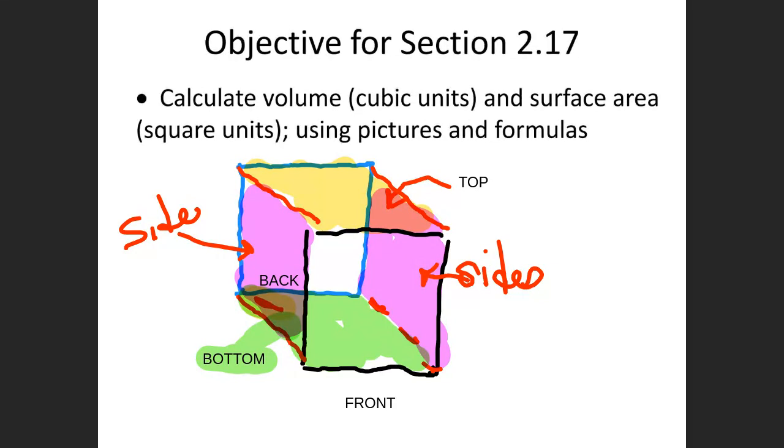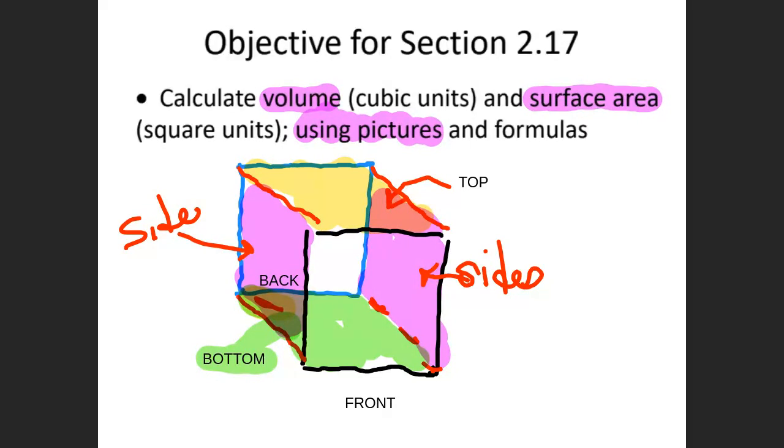We are going to be talking today about volume and surface area. Now, we're going to be using pictures. Most of the pictures are going to deal with what I call little sugar cubes, and we're going to stack these sugar cubes in various ways.